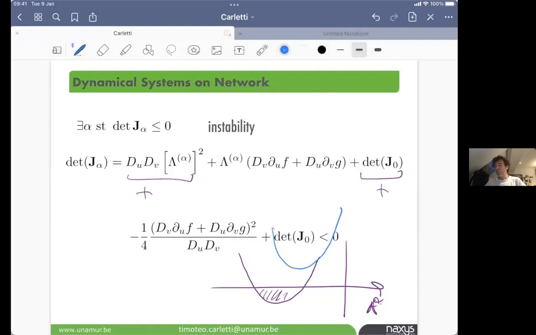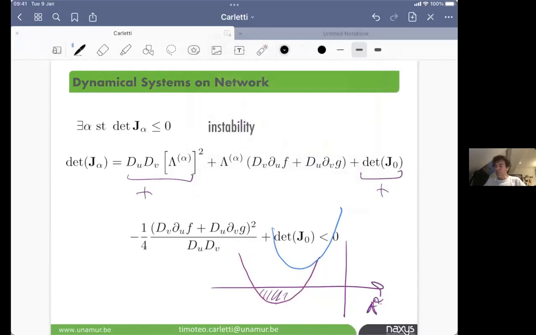So now the game is to try to understand when such parabolas are of this kind, so where you have these two zeros, or you never meet the axis. Okay, so you can do all the computation that you want. The simplest one is again some elementary maths.